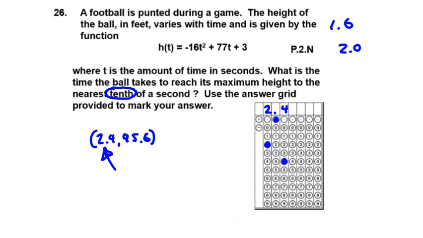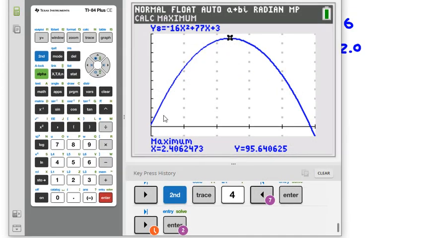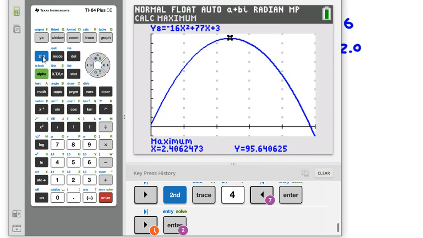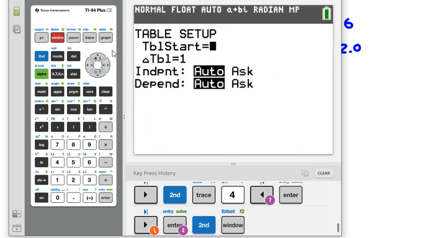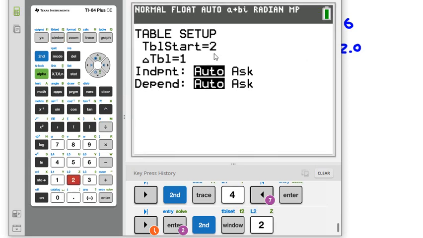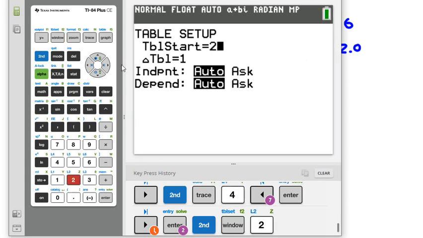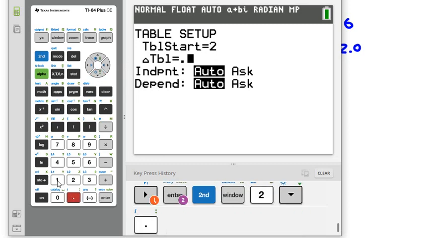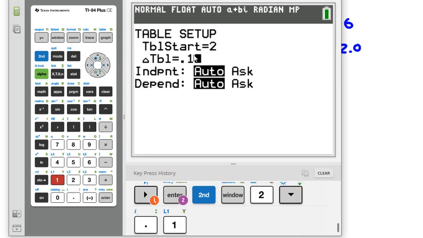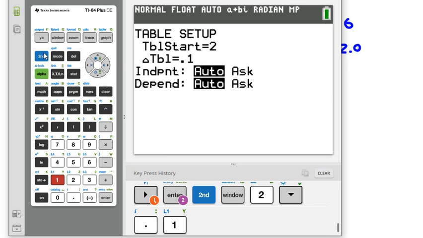One last way I'm going to show you to do this is the table view. You can go to table set. Since we know we need to be to the nearest tenth, I'm going to start the table at 2 and put delta table as 0.1. That means we can go to the table view and see which decimal value gives us the highest value.